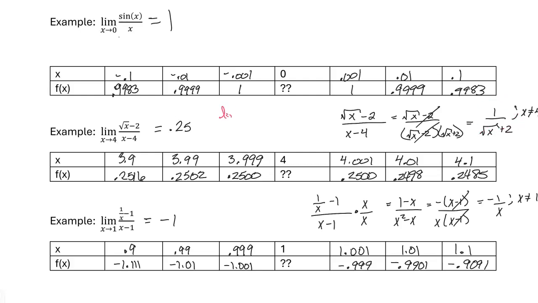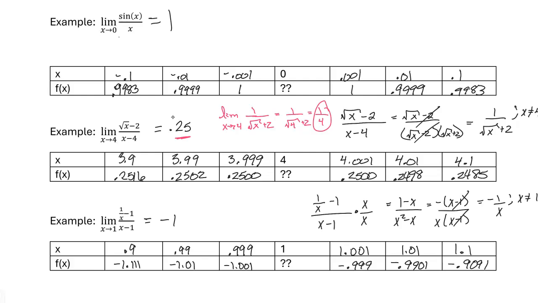So the limit as x approaches 4 of this would be the same as this. So let's plug in that 4. That's going to be 1 over 2 plus 2, which is 1/4. And you see that's what we got when we looked at that graph.